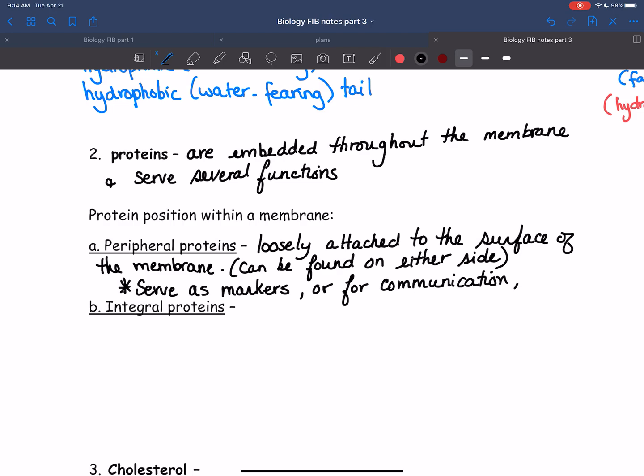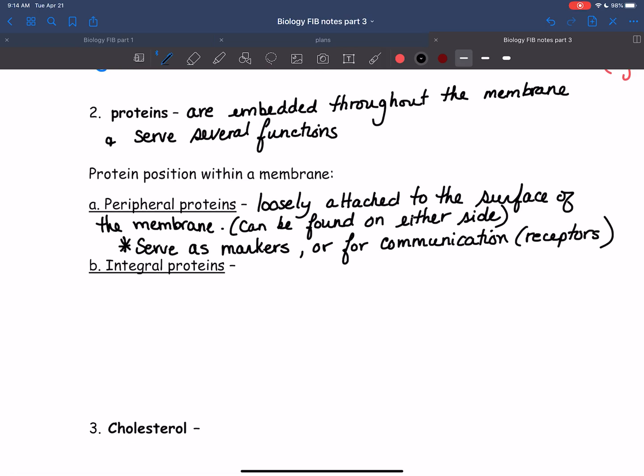For communication, sometimes what the cells will do is release certain chemicals to communicate with other cells. And so here, another word that we could use is receptors. Okay, so I'll give you an example here.